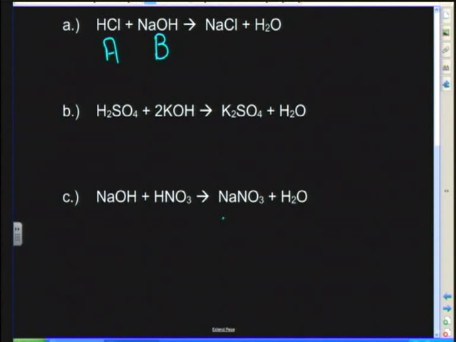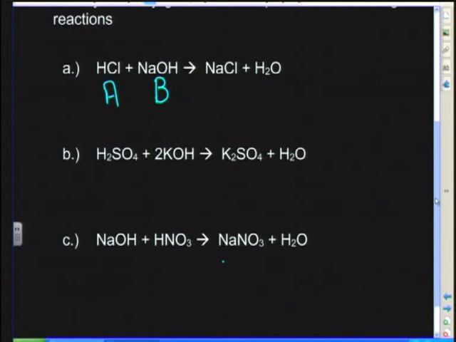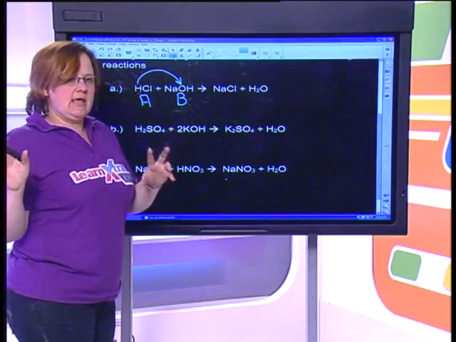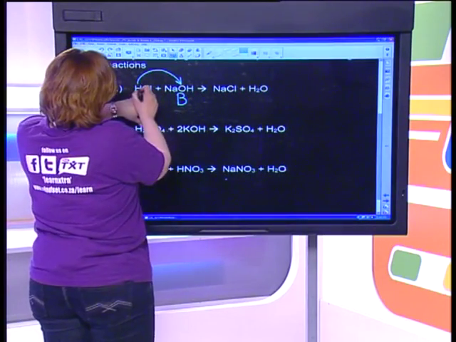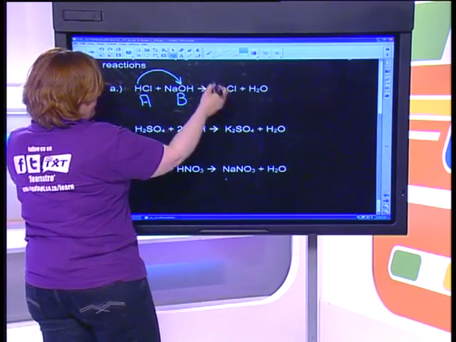Now what is actually happening here is the HCl is donating its proton to the NaOH, okay? So we're happy with that. On the other side, we've got to now go, all right, how do we recognize which is the acid, the base? The HCl would have broken up.